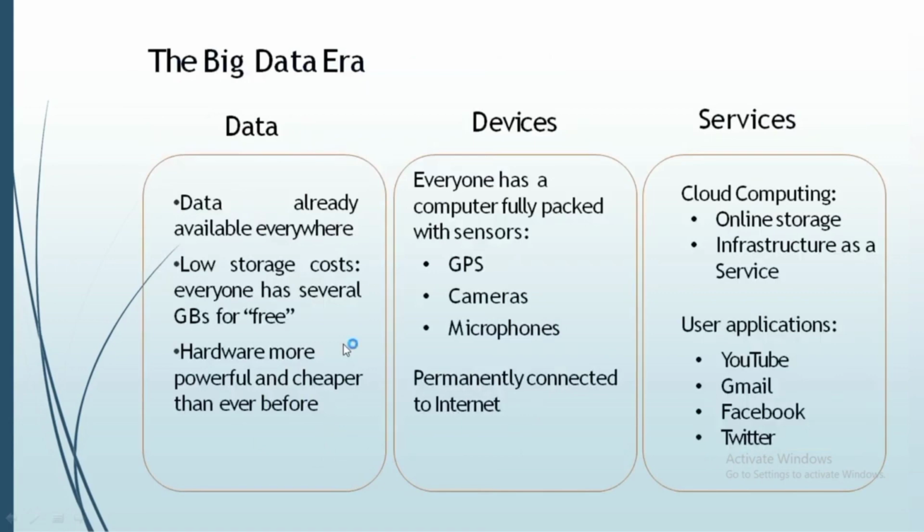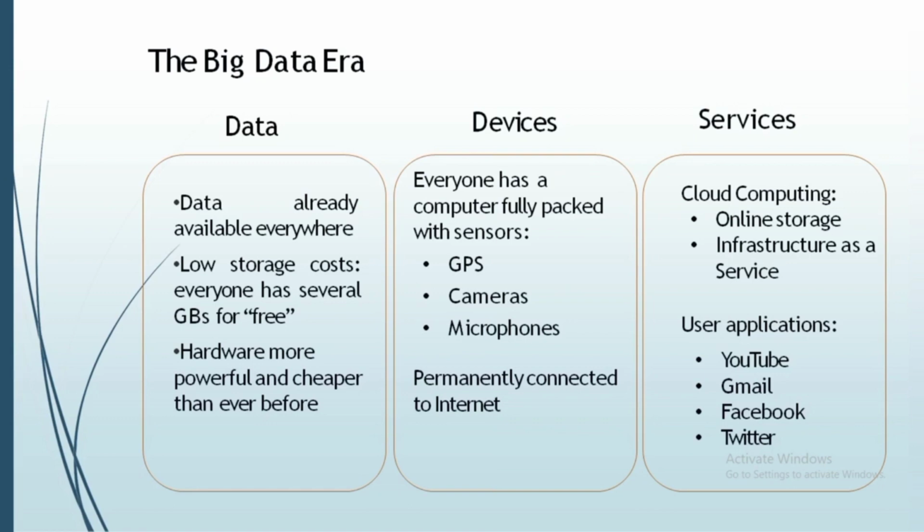Now in the big data era, that is, in the current world, we have a large amount of data. So we have data, devices, and services. Data is everywhere; we are generating a large amount of data every day. So it is important to store the data at a lower cost. Hardware is now more powerful and cheaper than ever before, because we need to store the data.